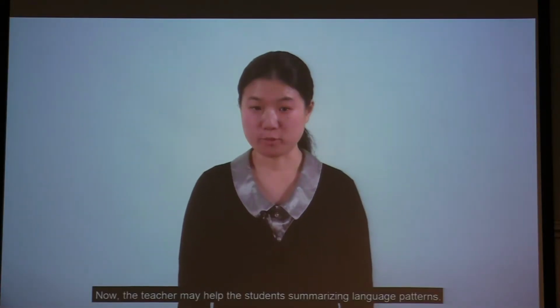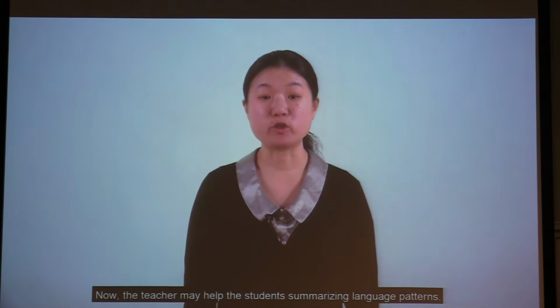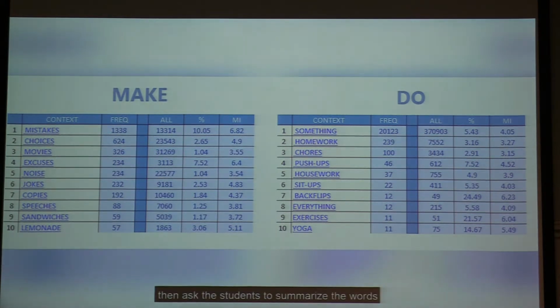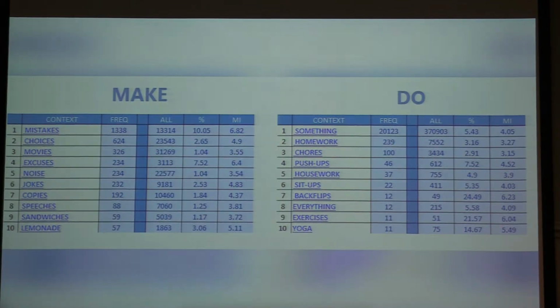Now, the teacher may help the students summarize language patterns. He or she may provide 2 tables as handouts to students. Table 1 for words that collocate with make, Table 2 for words that collocate with do. Then ask the students to summarize the words and find the differences of definitions between make and do.